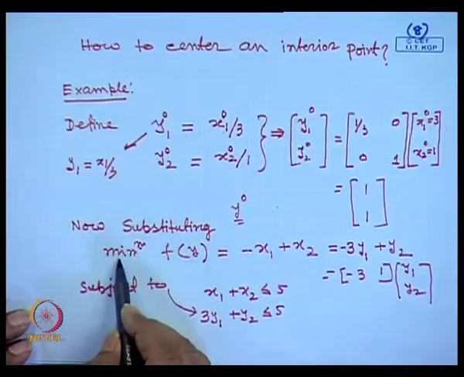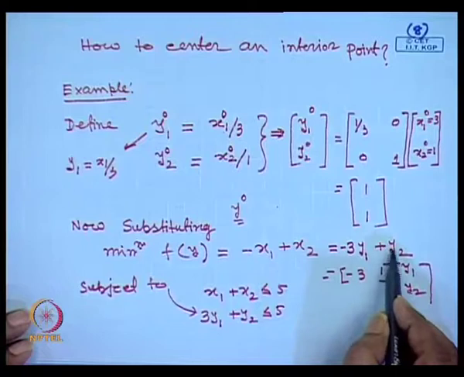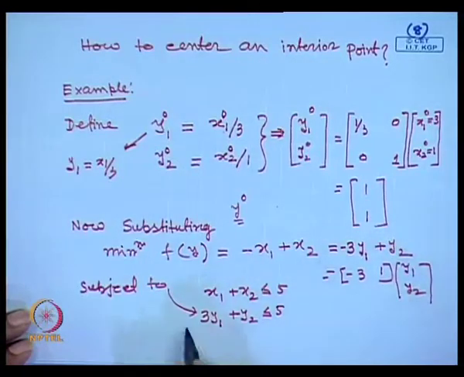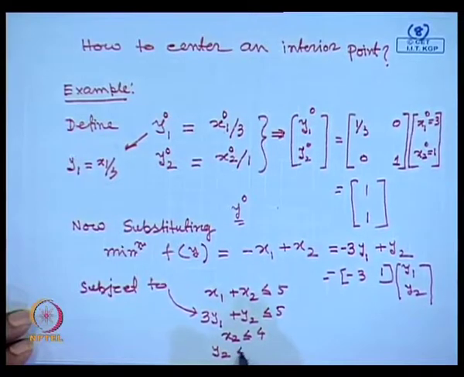Our problem is minimization of f of y, what is f of y, minus 3 y 1 plus y 2, subject to this condition. Another constraint is x 2 less than or equal to 4, which is nothing but y 2 less than or equal to 4, and then y 1 and y 2 are greater than or equal to 0.